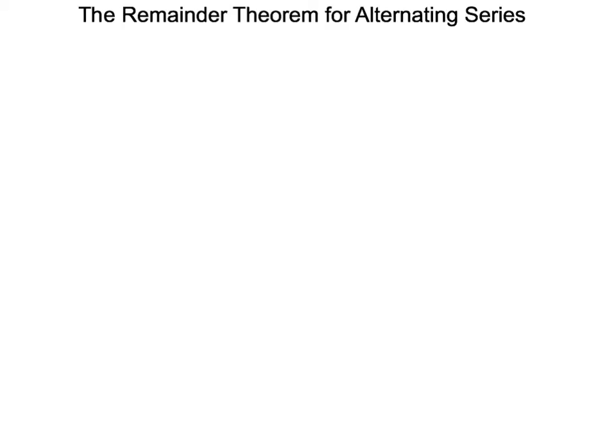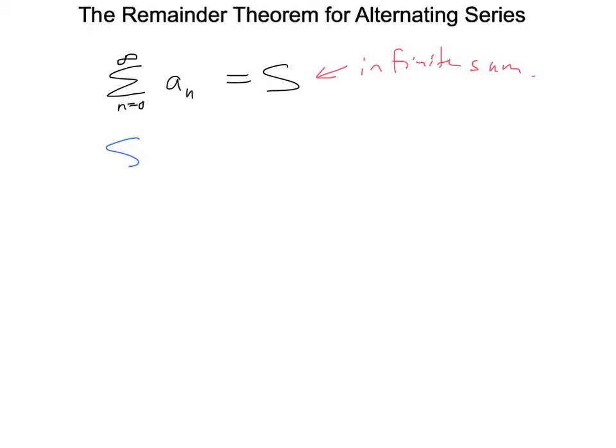So first, a bit of notation. If we have some infinite series, the sum on n equals 0 to infinity of some series, if it converges, we're going to say it's equal to S. S is the infinite summation. But another notation that we picked up at some point was S sub n, and S sub n was the nth partial sum.